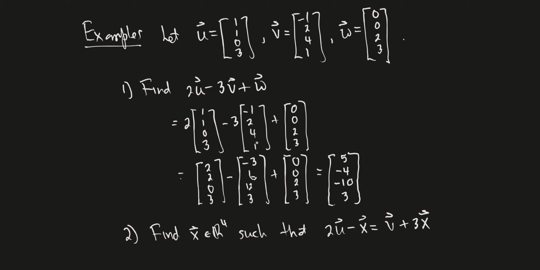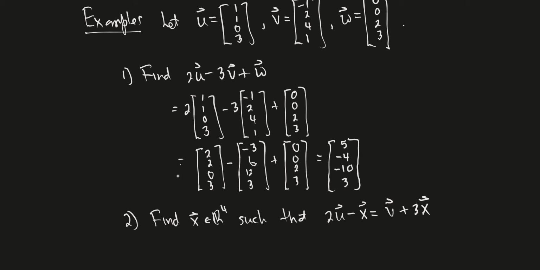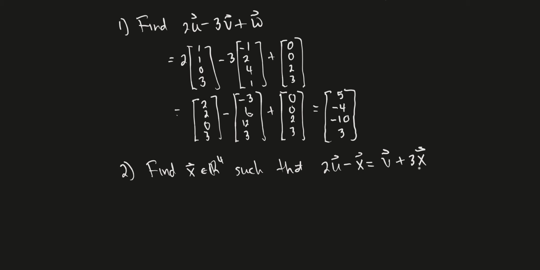And if we just tell ourselves that these special things we're calling vectors are just special matrices comprised of one column, then we can do problems like this using the same set of algebraic properties, right? So what we can do is isolate the x first, and you could do this in different ways. I could add x to both sides and then subtract v from both sides. So I'll have 2u minus v is equal to 4x.